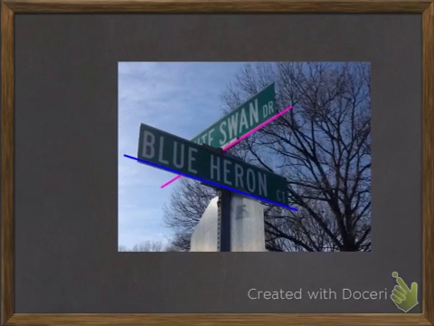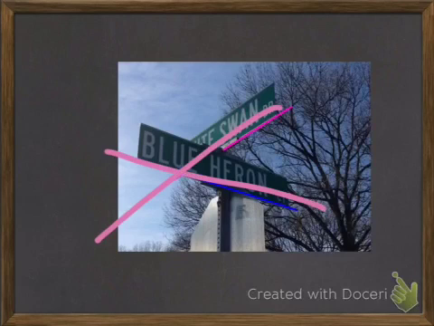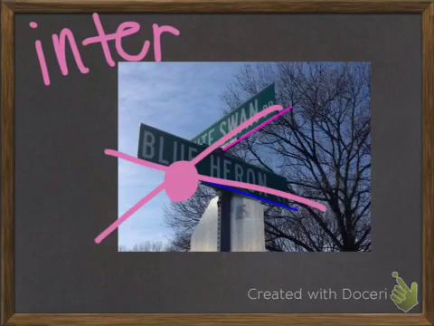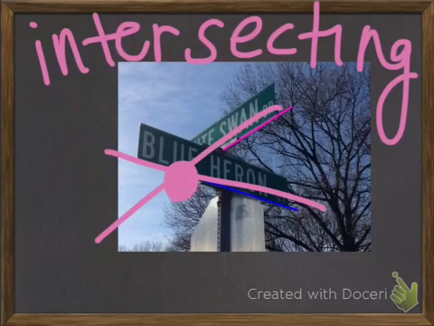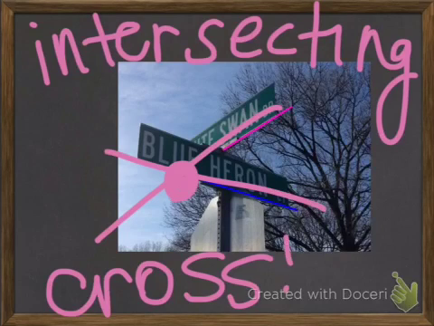Intersecting lines. Look at this. This is a perfect example of intersecting lines because this one with this one, they cross. So they intersect right here. They're intersecting lines. They intersect, they meet, they cross. They cross each other.